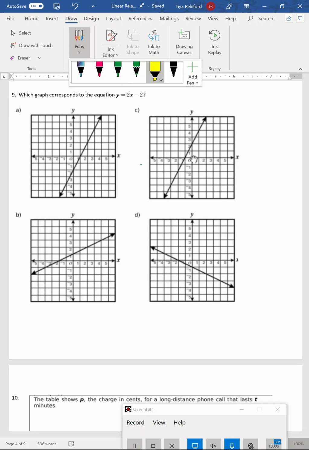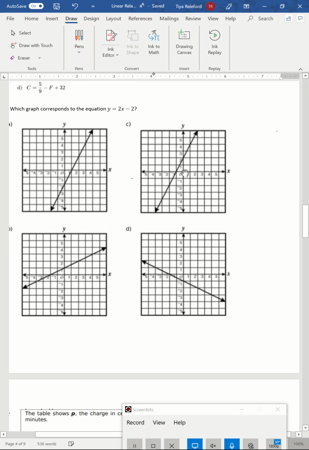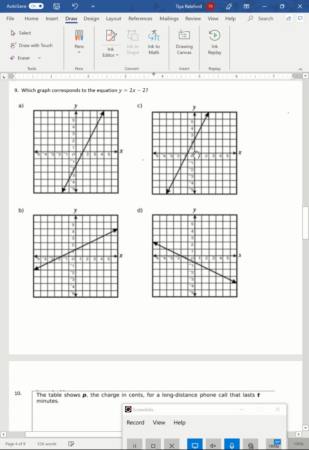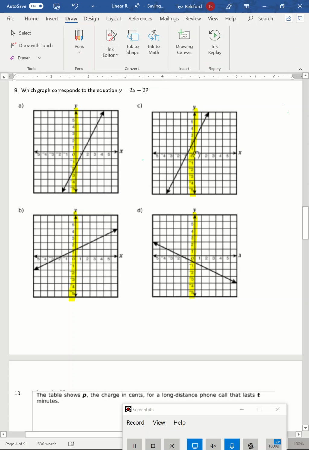All right, number 9. Which graph corresponds to y equals 2x minus 2? Highlight that y-axis, folks. Look at the little hand. I don't know where the hand comes from, but it's so cute. And circle your y-intercept.